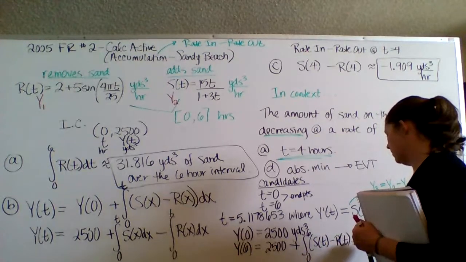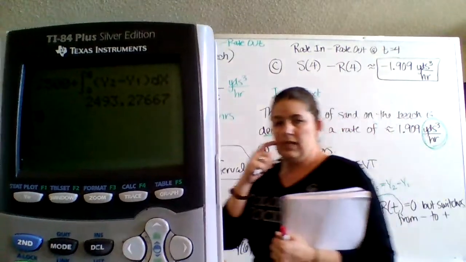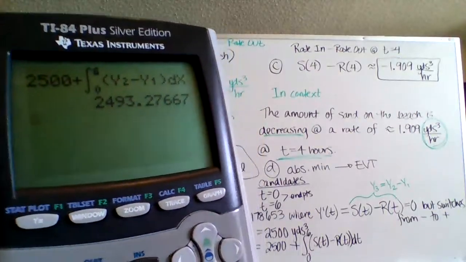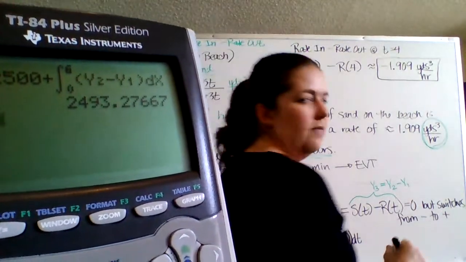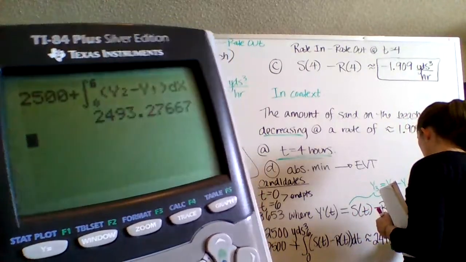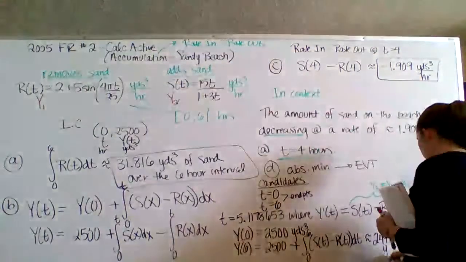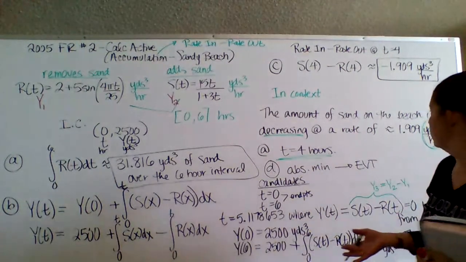Because it's the same for the whole time frame, you have sand coming in and sand going out the whole time, and you should get 2493.277. And that would be the cubic yards of sand at the ending time, 6.